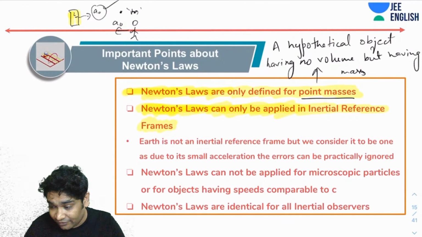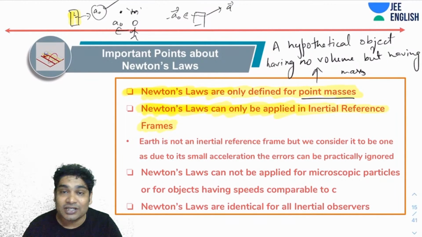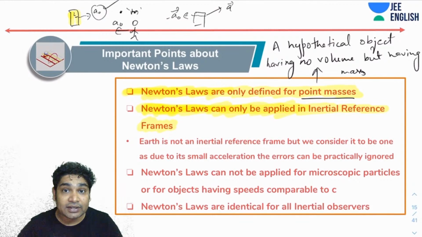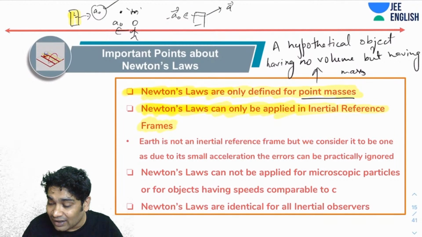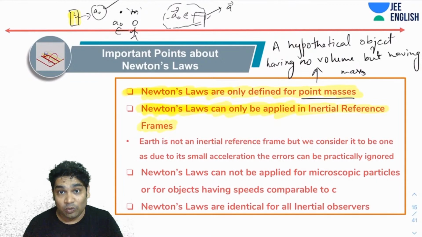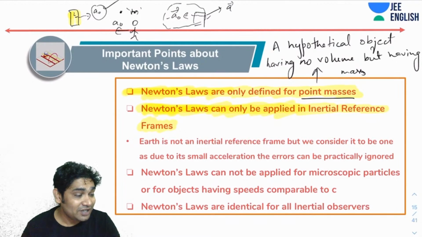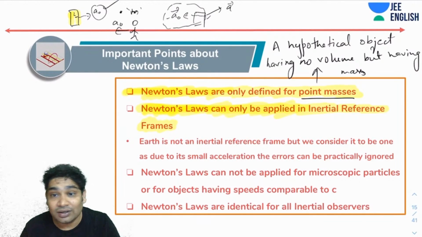Now if this already had an acceleration of A vector, what will I see? I will see the acceleration as the vector sum of A vector and minus A observer vector. I also add my own acceleration on the negative side. That is the total acceleration that I will see for this body. Now please notice, I am always getting this extra term in the acceleration. But what happens if my acceleration is very, very small?